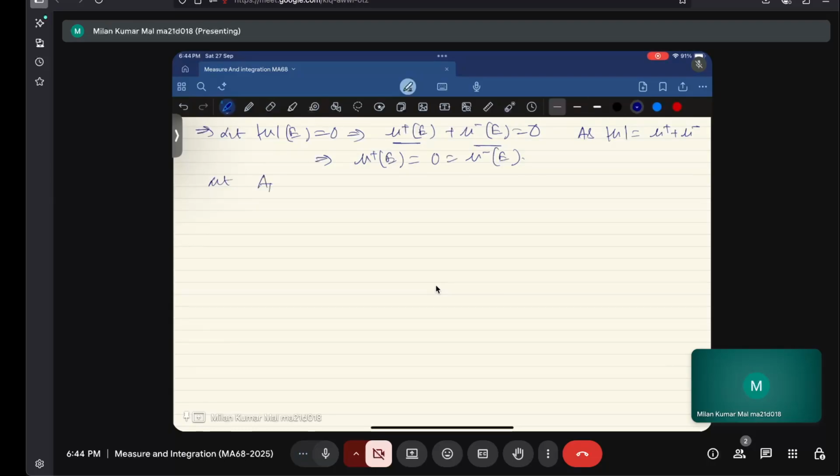Let A, B belong to S, measurable sets such that X is equal to A union B, disjoint measurable sets, such that this is a Jordan decomposition.